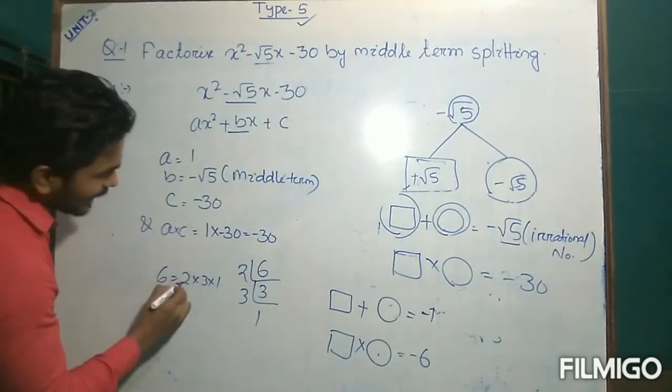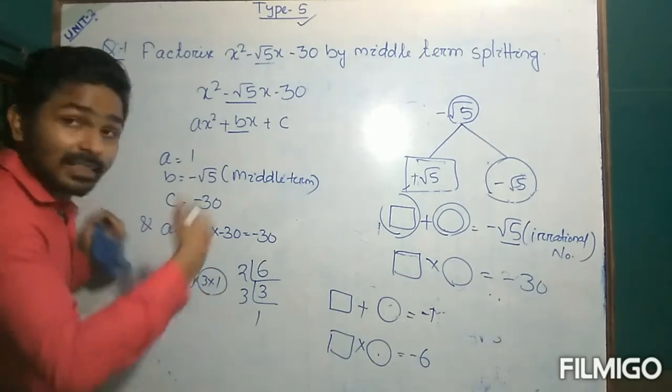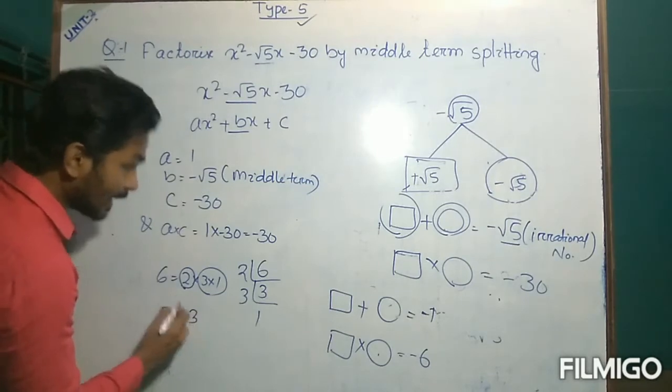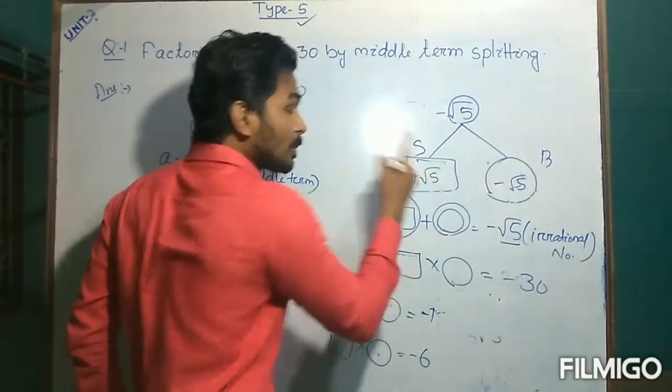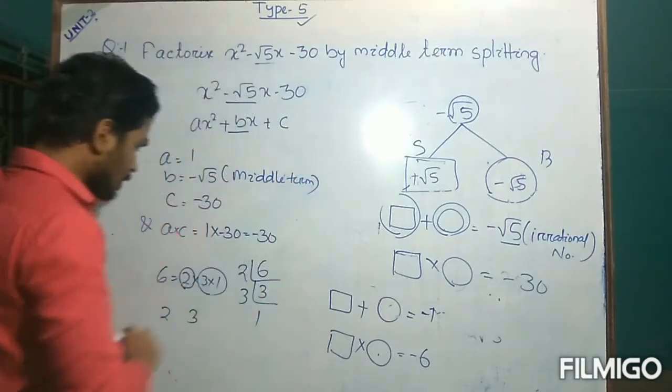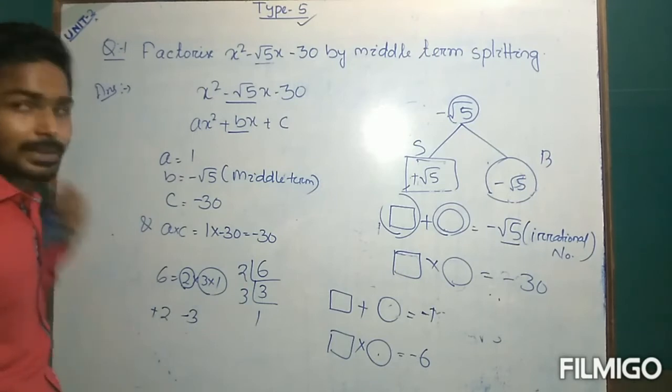If I am taking 2 as a number and the other number is 3 into 1, which is 3, the bigger number must be negative and the smaller number must be positive. So here the bigger number is 3, it must be negative, and 2 must be positive.